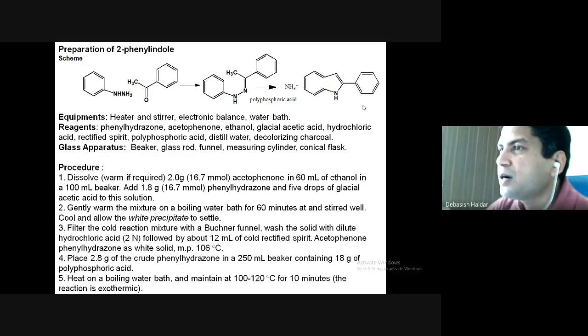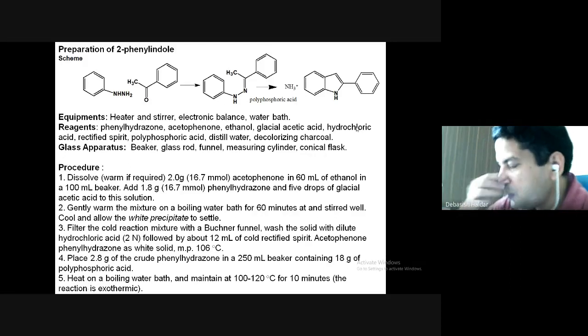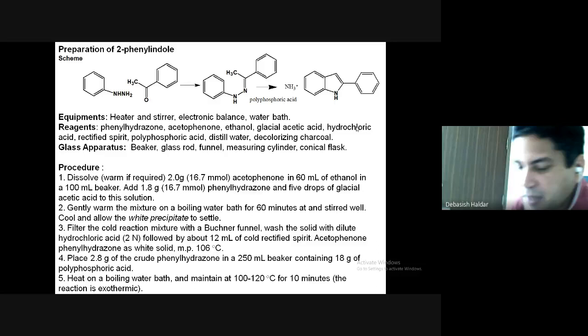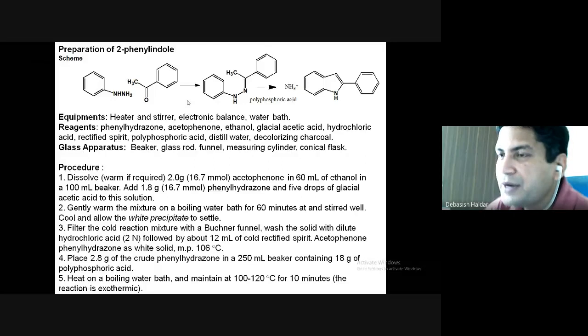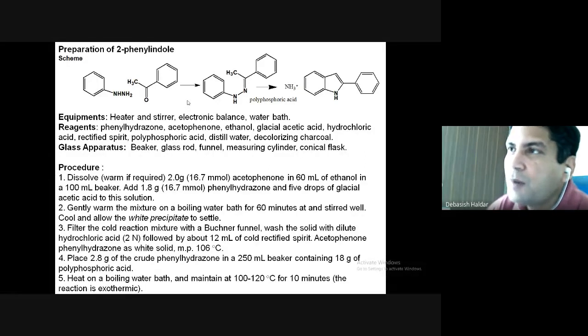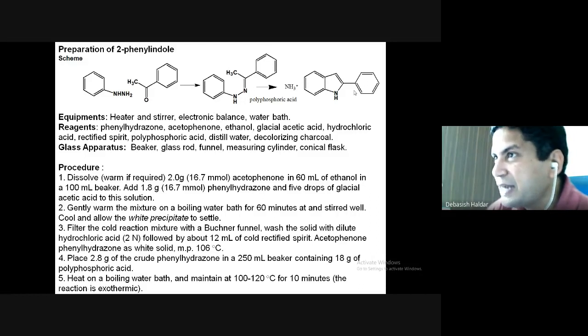Today's experiment is very important in the sense that we will do a consecutive reaction. That means first we will do one reaction, and the product we obtain from the first reaction we will use for the second reaction.